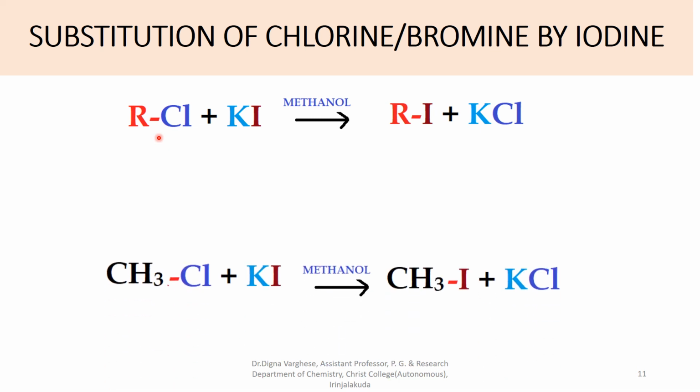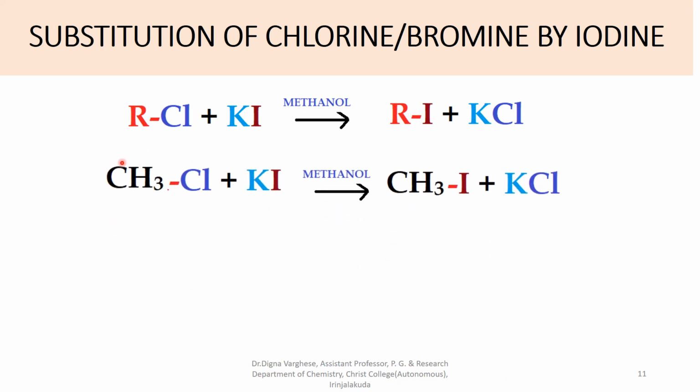Here you can see an example. Methyl chloride reacts with potassium iodide in methanolic solution, it will form methyl iodide and potassium chloride. Here you can see the iodine substituted the chloride ion, forming methyl iodide. So substitution of chlorine by iodine takes place.